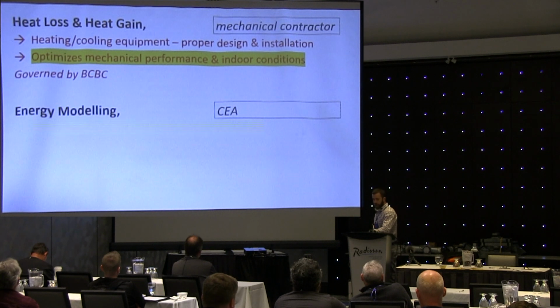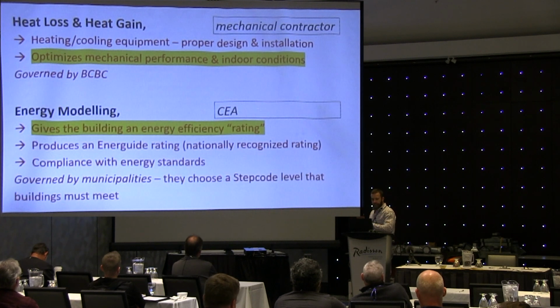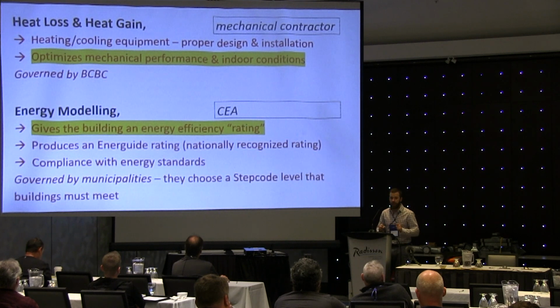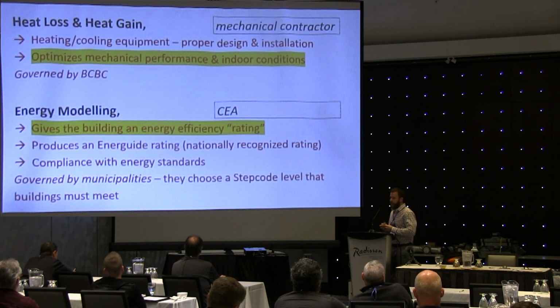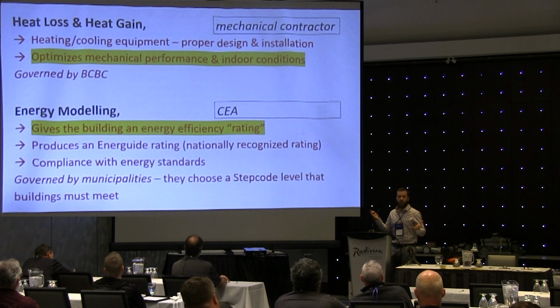The energy modeler, essentially it all comes down to just giving the building an energy efficiency rating. You might also say that it can be predictive of how much electricity you use in a year. You could say that, but that's not what it's for. It's to give the building a rating. They want this EnerGuide rating for the buildings, and it's to get everybody talking about the same thing.